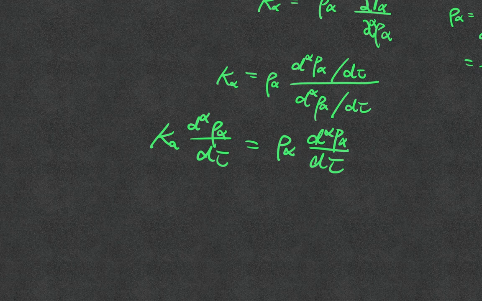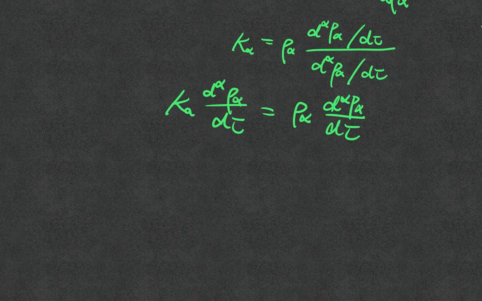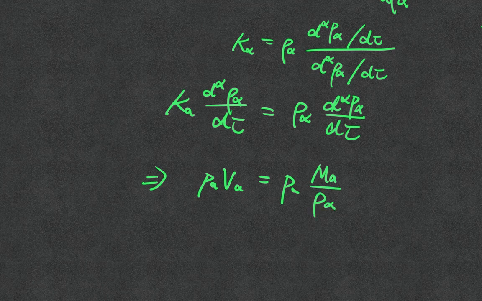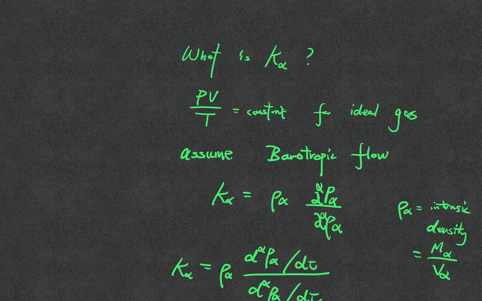I guess it may or may not make sense, but the consequence you can see here is that rho alpha times V alpha, which is rho alpha times m alpha divided by rho alpha, equals a constant. It's kind of like the ideal gas law, but I simply put T times the constant there, and I'm assuming that T times the constant is also a constant itself.